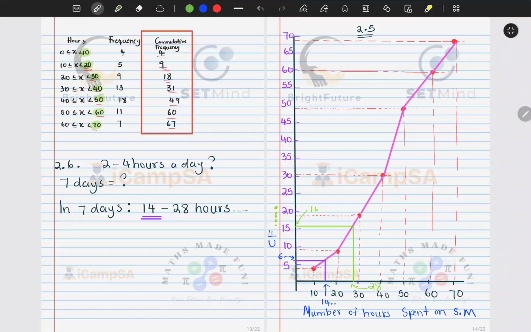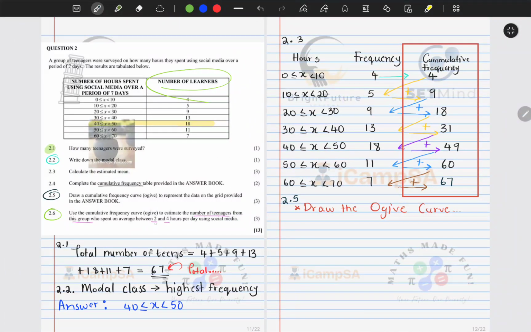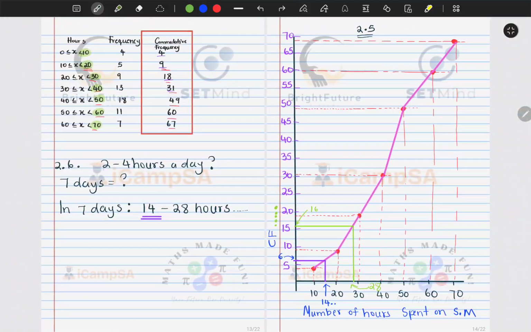So we can figure out that the total number of learners who spend an average time of between 2 and 4 hours per day, that is going to be that. So if you observe carefully, it means if we find the difference there, you will see that the difference, when we look at the number of learners, will simply be 16 minus 6, which becomes about 10. Okay.